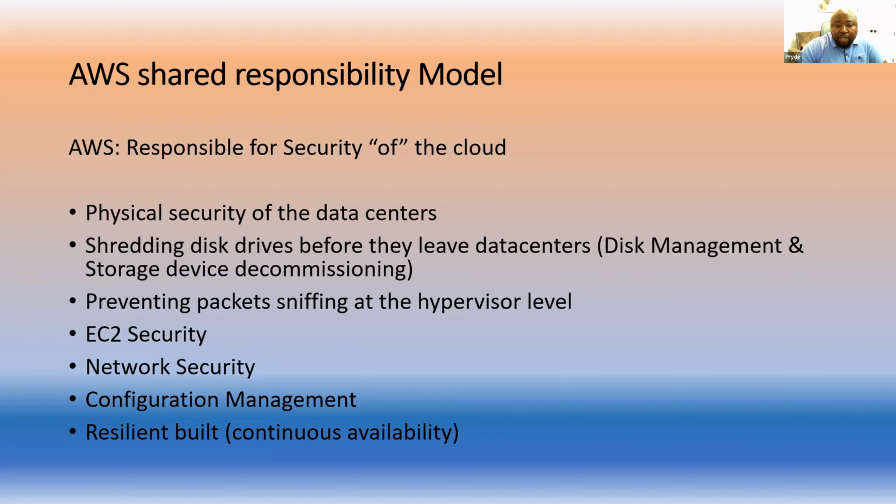disk management. And they also make sure they prevent packet sniffing at the hypervisor level. This means making each bucket, each VPC independent. So if you come and you're spinning up an EC2 within a virtual private cloud, there's some level, as we'll come to see in the later part of the presentation, of defense in depth, meaning there's some level of isolation for every user, every account, or every service, in such a way that attackers who may be members within this AWS cloud environment should not be able to use tools.